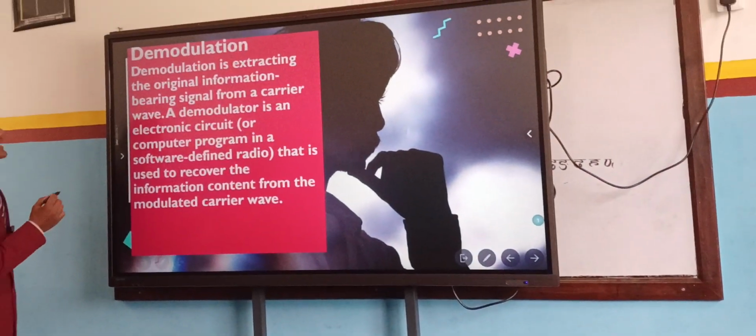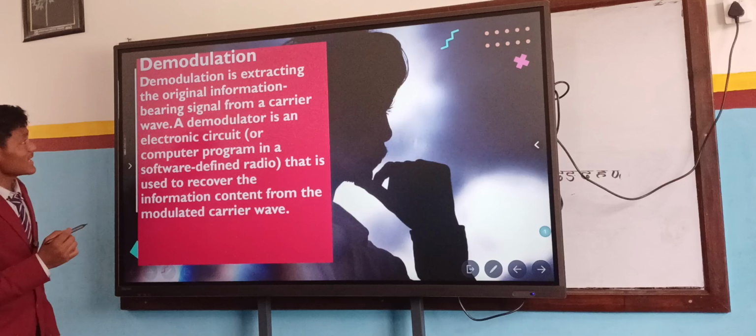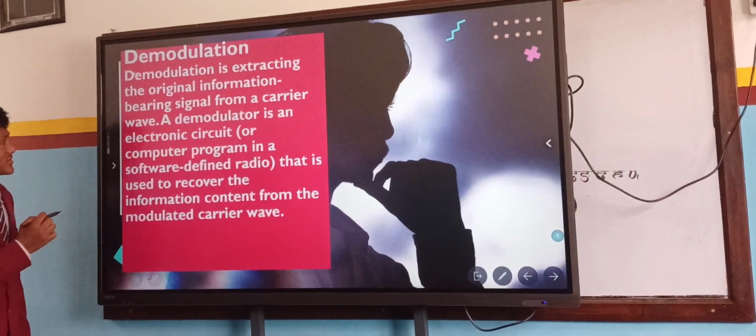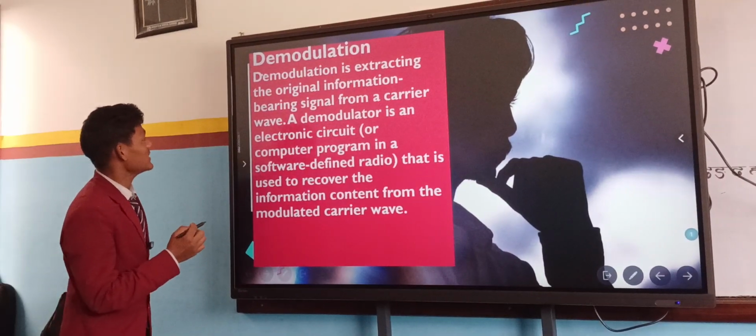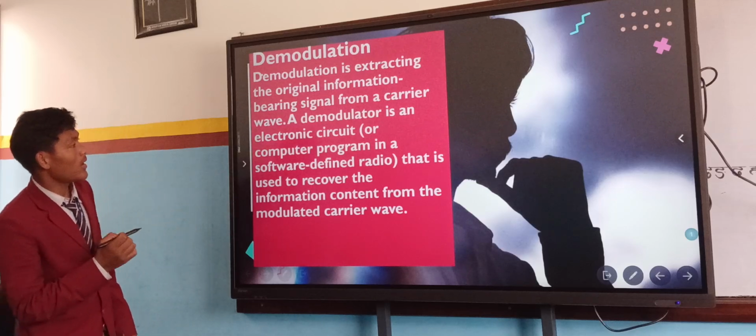And the next topic is demodulation. Demodulation is extracting the original information-bearing signal from a carrier wave.